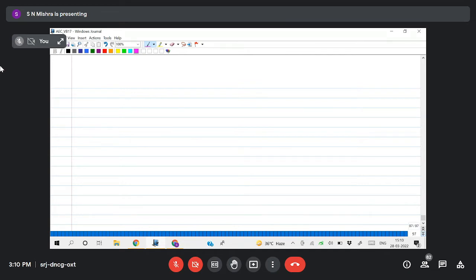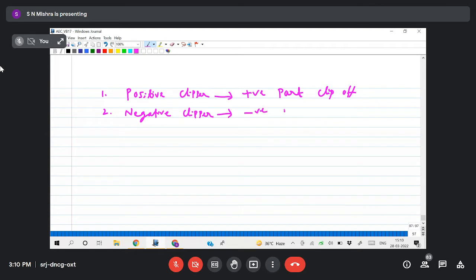One is the positive clipper and another one is the negative clipper. Positive clipper means it is clipping the positive part. Negative clipper means the negative part is clipping.